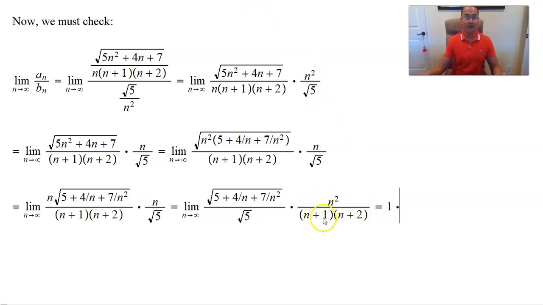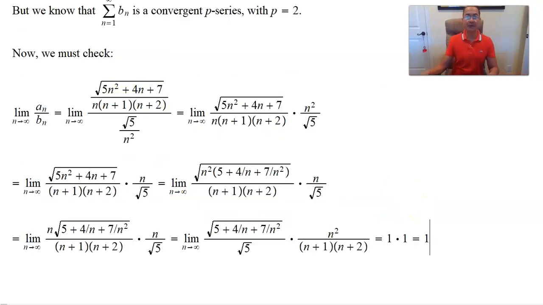We also have n squared over n plus 1, n plus 2. That denominator is basically n squared plus something. You have n squared over n squared. That limit is 1. Ta-da! So notice that if we include that square root of 5 in our b sub n, then the limit that we get is simply going to be 1.